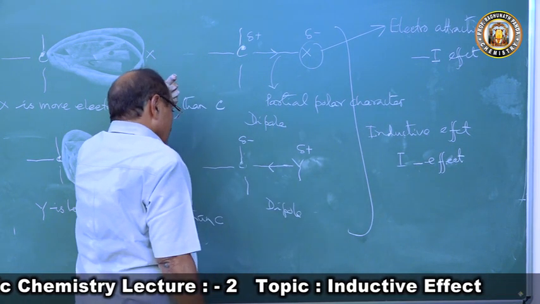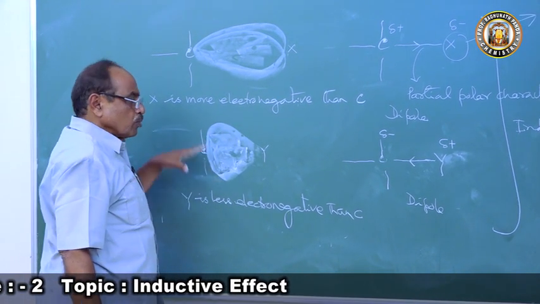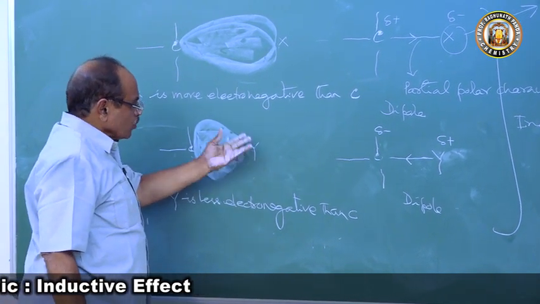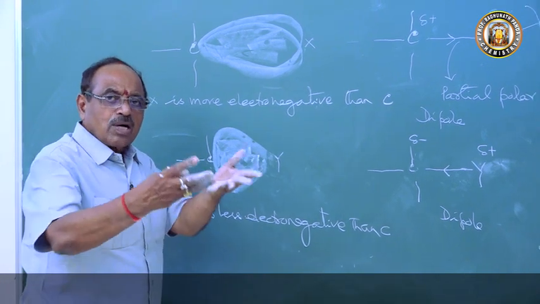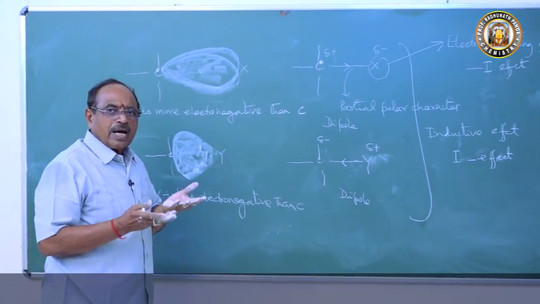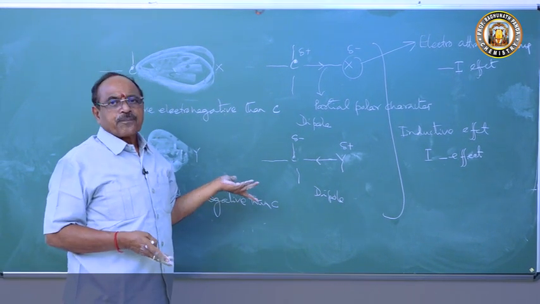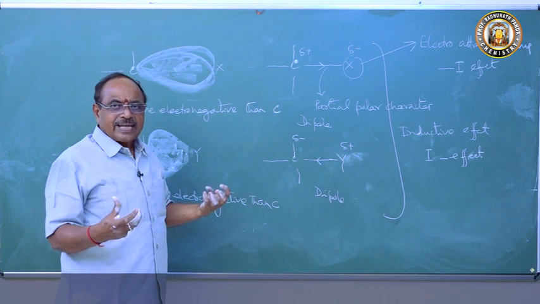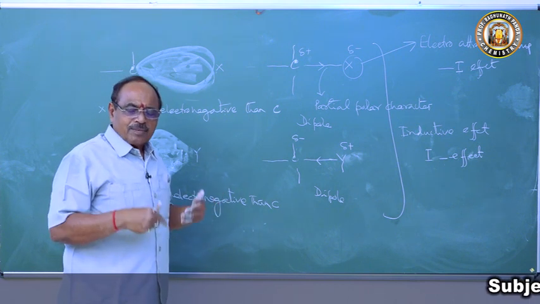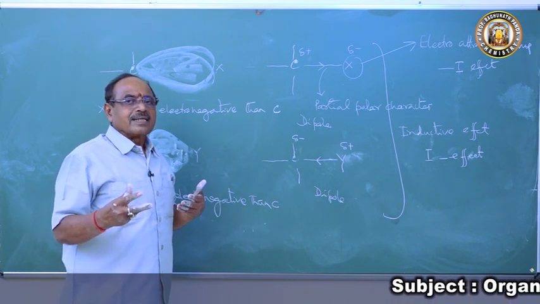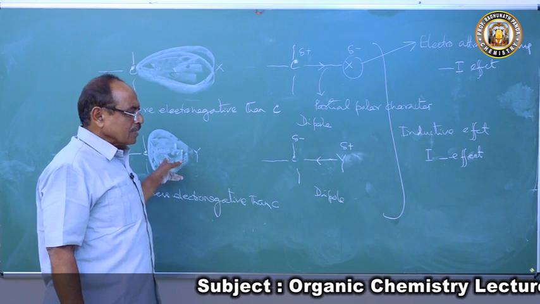Now what is happening? The electron cloud is getting polarized towards carbon, which means Y is losing the electron cloud to carbon. In other words, Y is releasing the electron to carbon. Because carbon is more electronegative than Y, the electron cloud gets polarized permanently towards carbon.